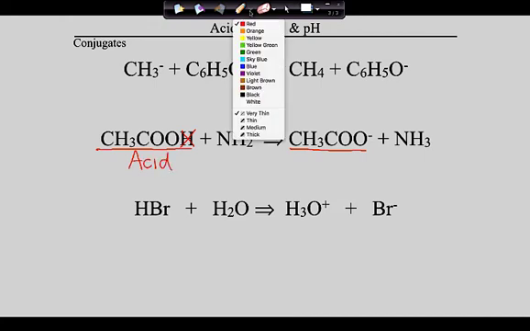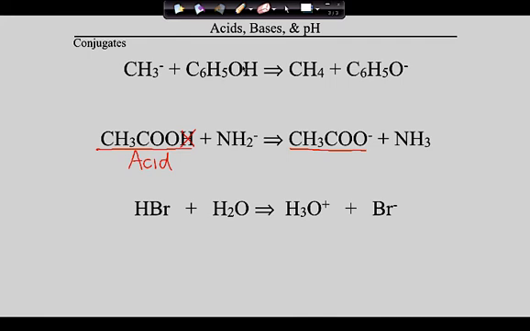Now, that of course makes NH2 the base. If one's the acid, the other has to be the base, but we can compare and see that that's the case. If we find something on the right similar to NH2, we find NH3. The difference is that NH2 gained a hydrogen to become NH3. That makes this our base.